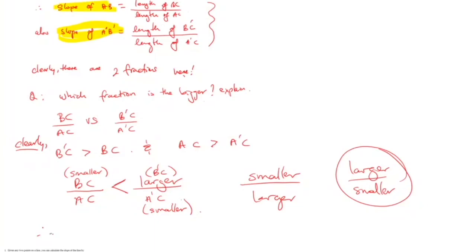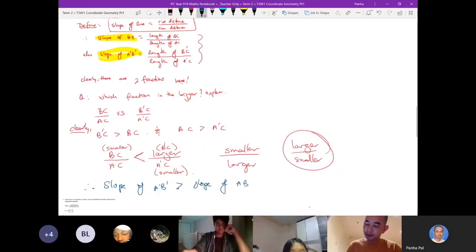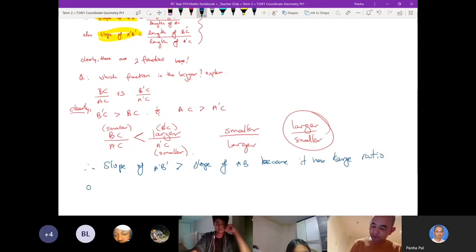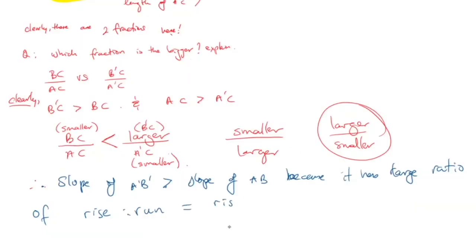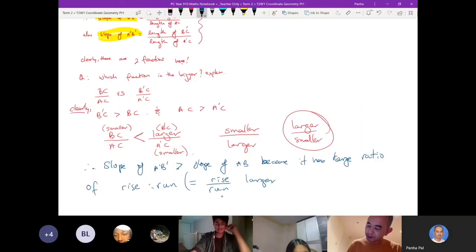Okay, so therefore the slope of A'B' is greater than the slope of AB, because it has a larger ratio of rise to run, or larger fraction, instead of saying ratio.